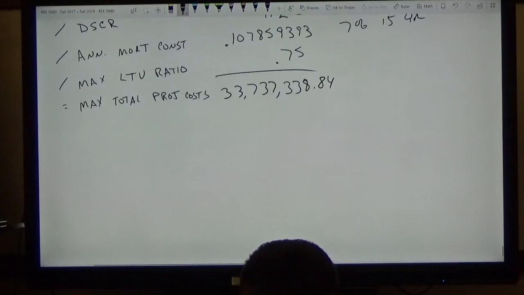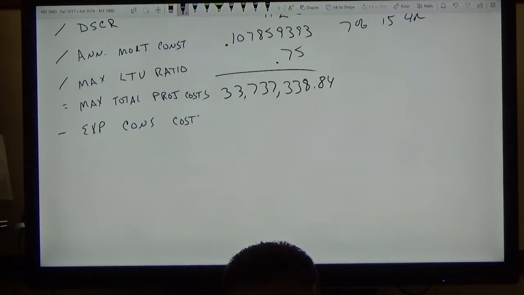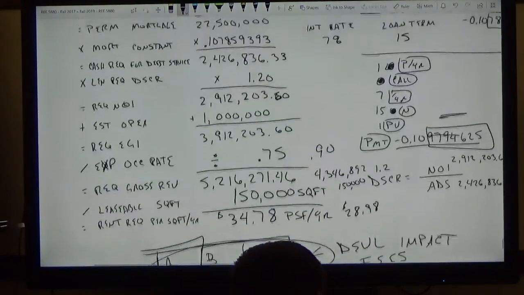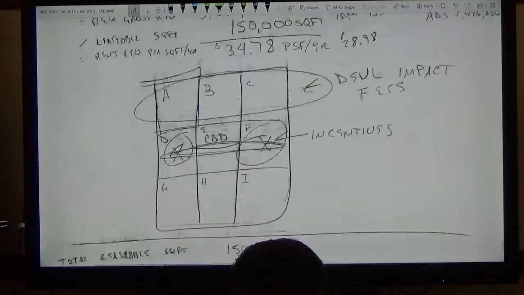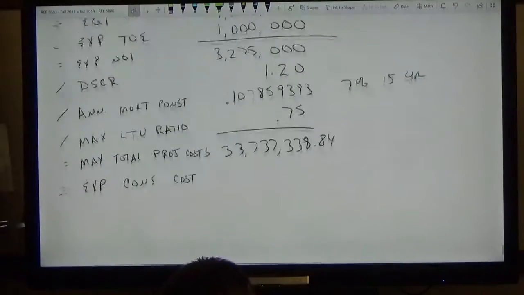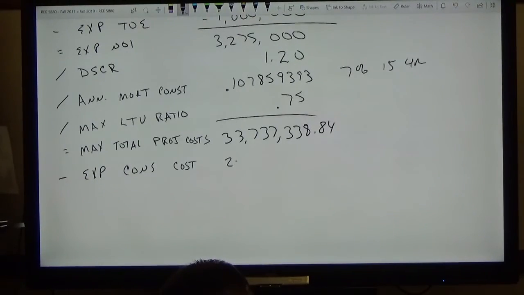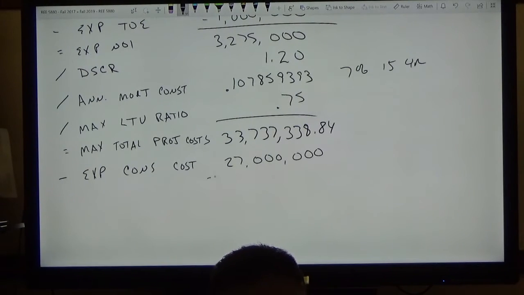Or, if you want to separate out the construction and the land cost, then you could say, okay, let's subtract out our expected construction cost. And let's say that we're building basically the same project that we had built up here. So we've got 27 million as our expected construction cost for this property.